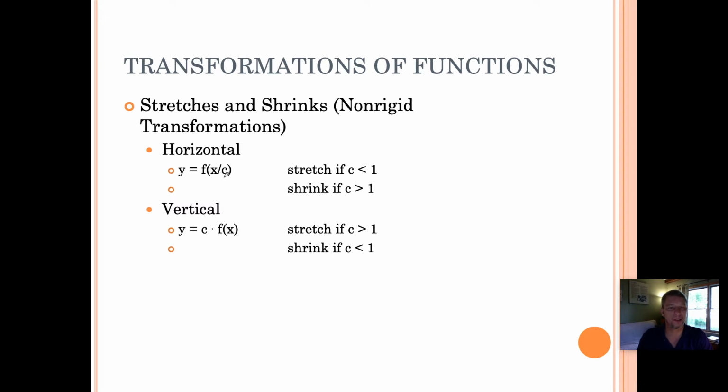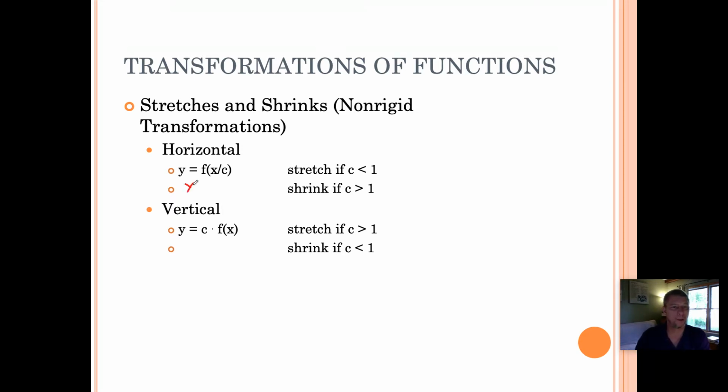The x itself is divided by c, and so this means that it's a horizontal move because we're manipulating the value of x, so left or right. Now, if the value of c that we're dividing x by is less than 1, that's going to cause a stretch of the original function. If that value is greater than 1, it's going to cause a shrink of the function.